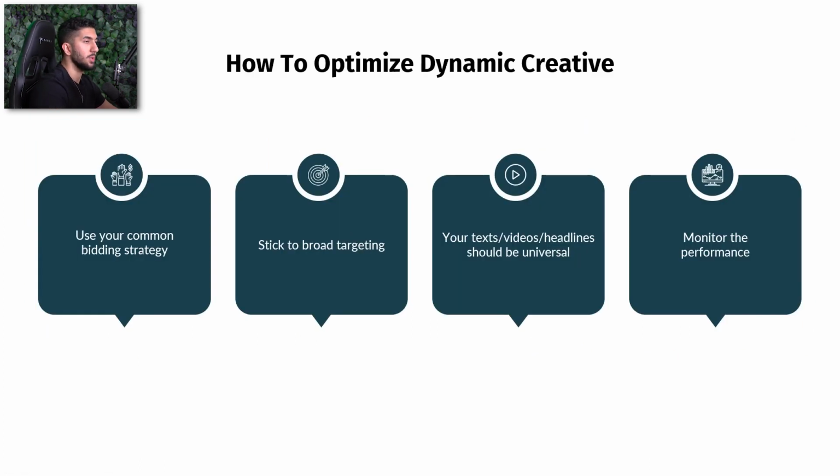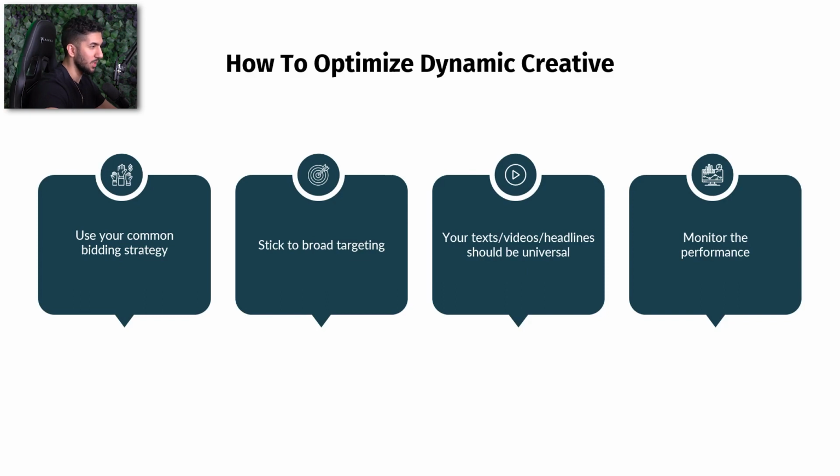How to optimize for dynamic creatives. All you need to do is use your common bidding strategy, stick to the broad targeting. It needs to be as broad as possible so Facebook can leverage it and get you the best results. If your audience isn't more than 100k guys, it's going to be difficult. And I say 100k because in Europe that's all you can get.